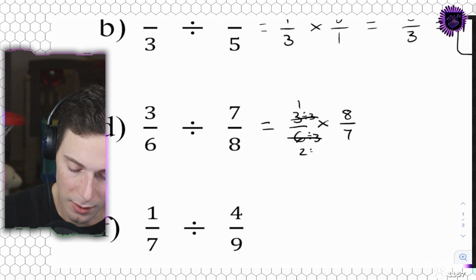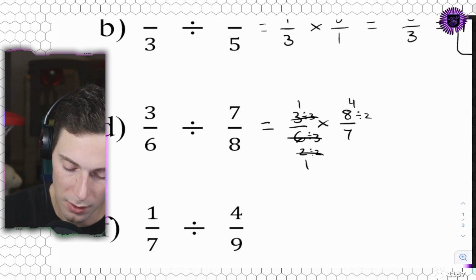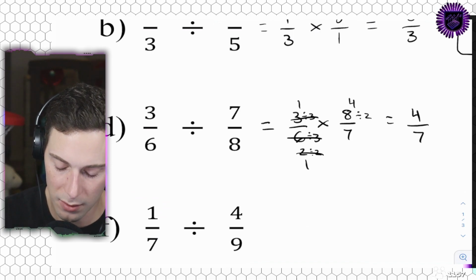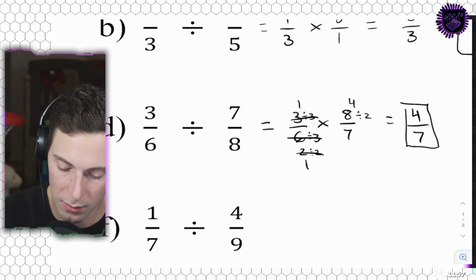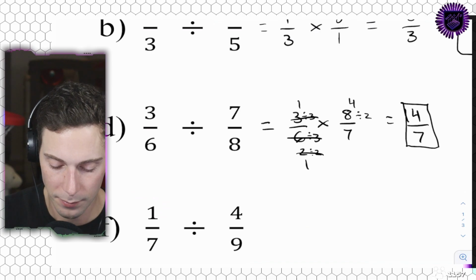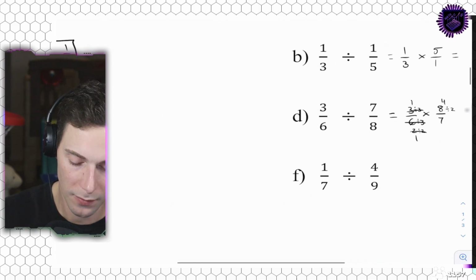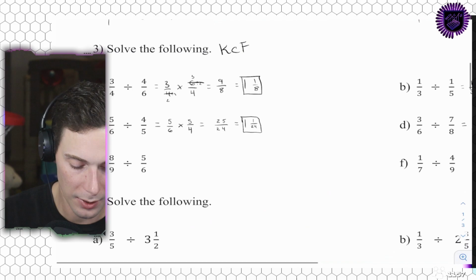I can then divide this by 2, divide this by 2, which equals 1, 4. This is going to equal 4/7. Final answer. Factoring out. That was a good one.